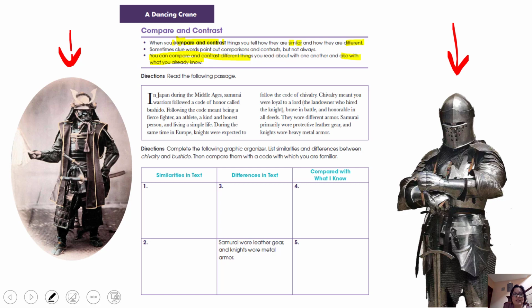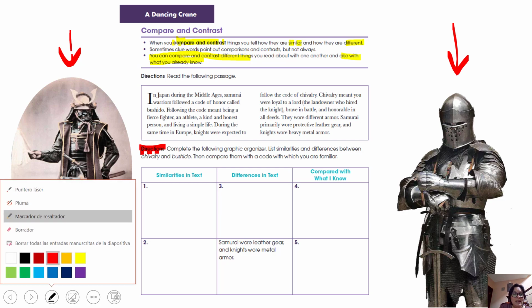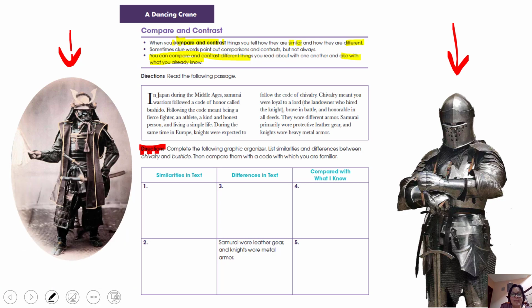So let's read these directions here. It says, complete the following graphic organizer. List similarities and differences between what? Between chivalry and Bushido, or between the samurais and knights.